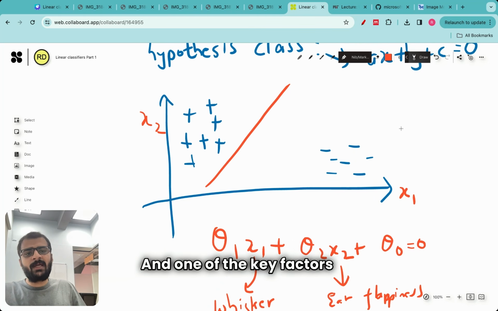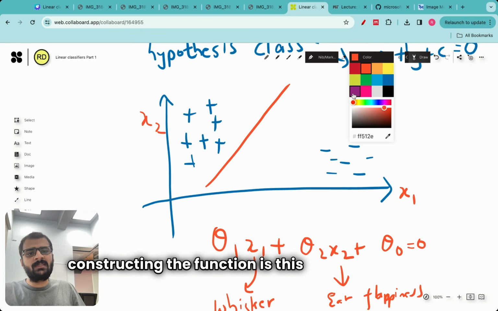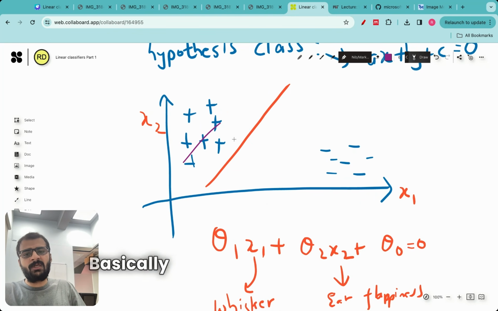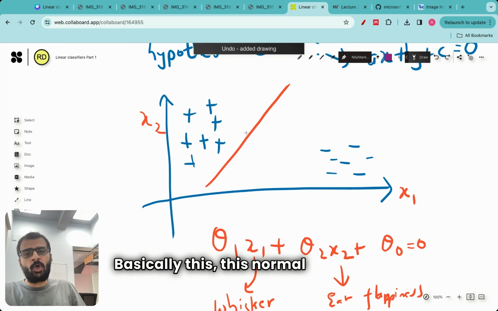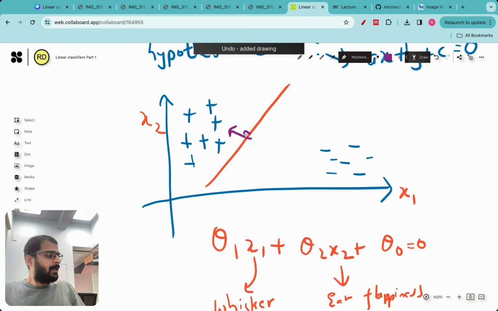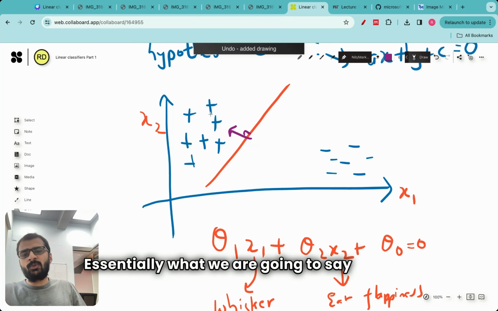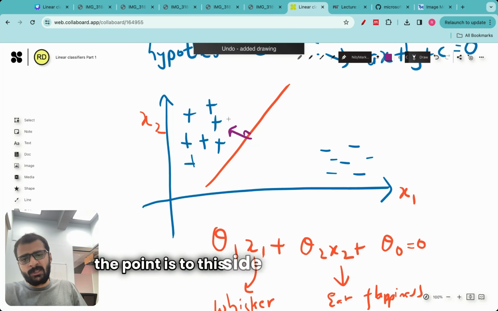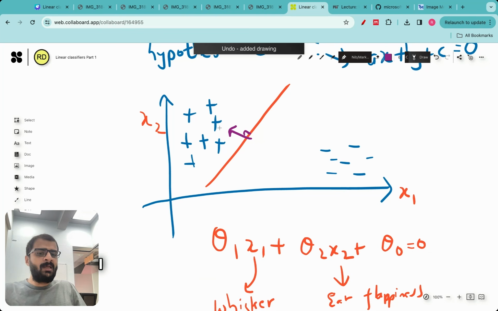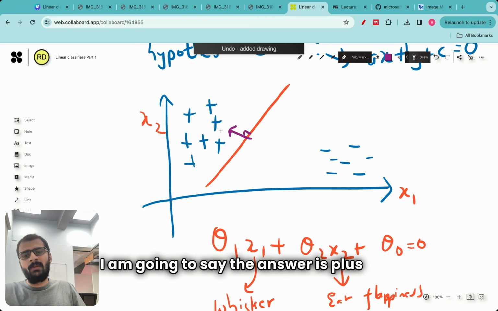One of the key factors for constructing the function is this normal line, which is perpendicular to the straight line. Essentially, if the point is on this side of the normal, I'm going to say the answer is plus 1.